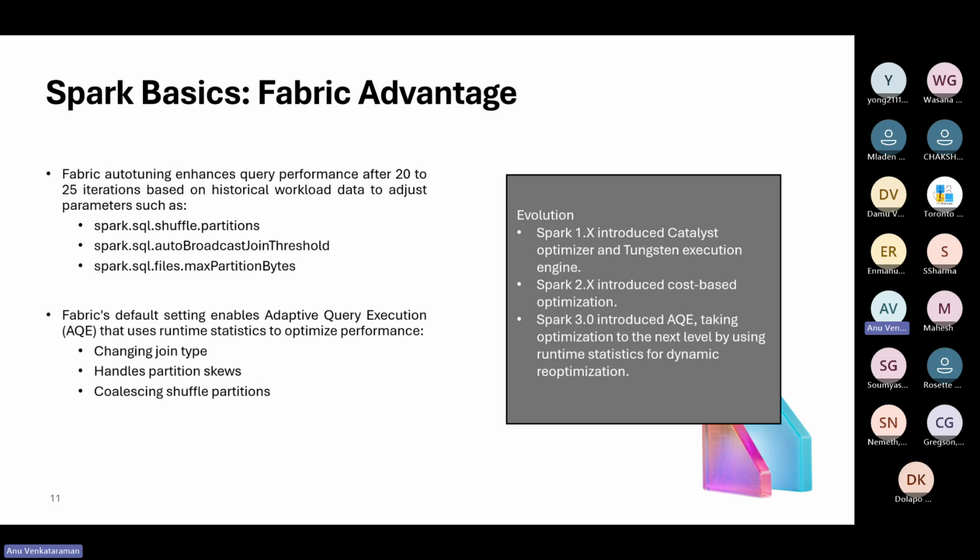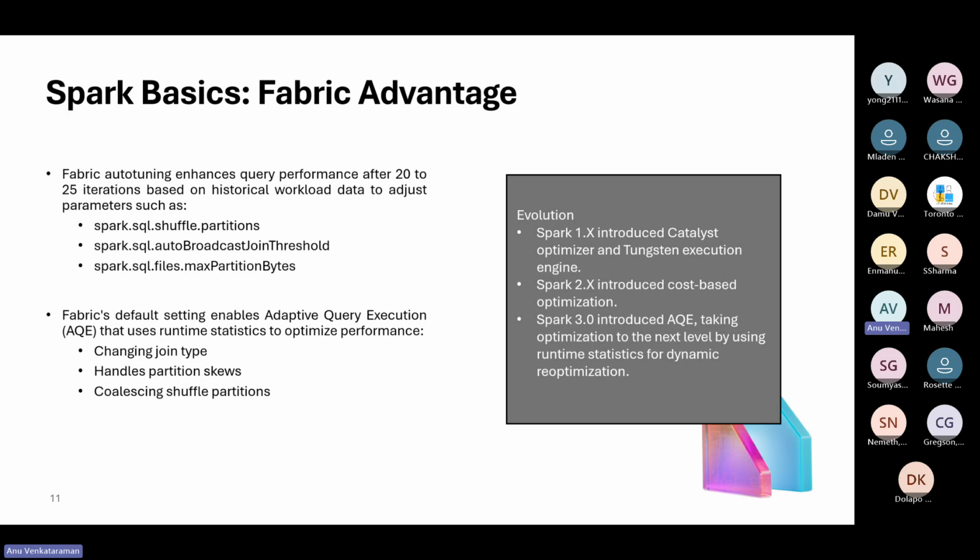Auto broadcast join threshold is about when to choose a broadcast join and when not to. If you're trying to perform a join operation between a 10 MB data set and a GB-sized large file, Spark will broadcast the small file, the lookup table, to all the executors so that there won't be any shuffles, and it will perform the join.